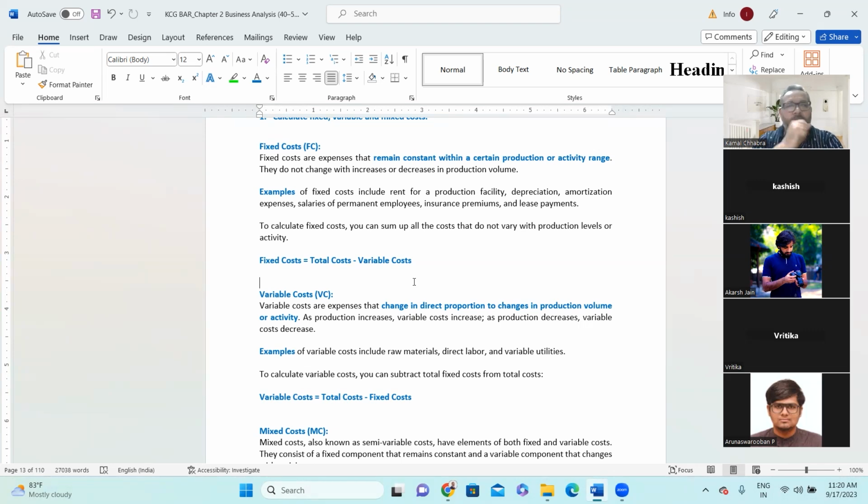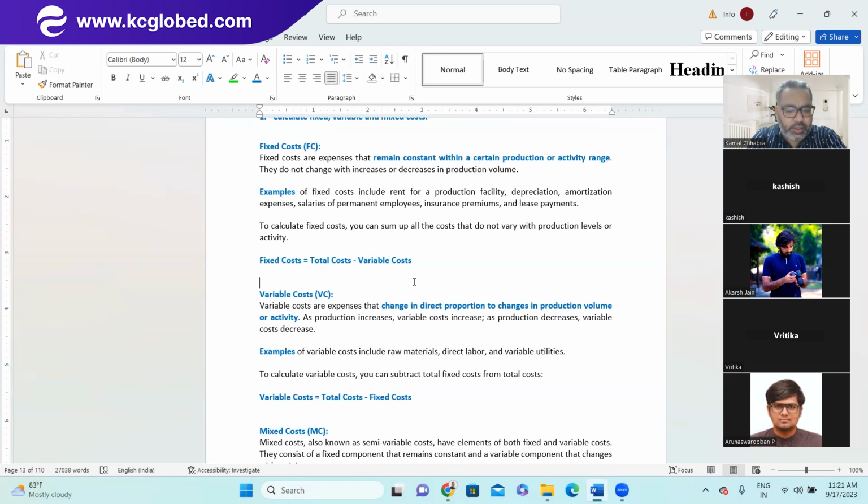So for example, let's say job worker charges. Suppose you are into a t-shirt manufacturing company, right? What they do is procure the raw material at high volume so that they can get a cheap price, and then they give that raw material to different job workers.